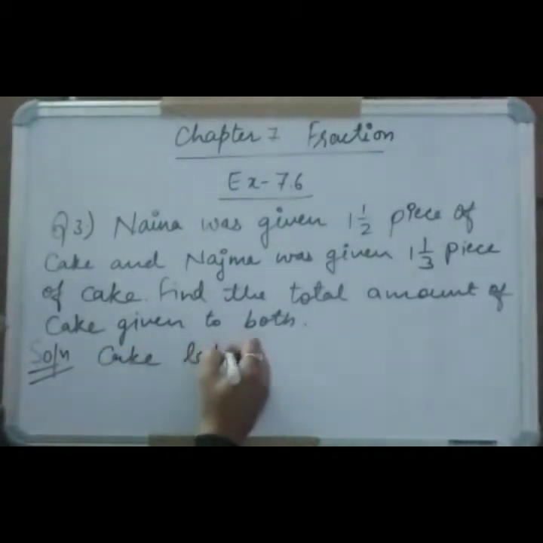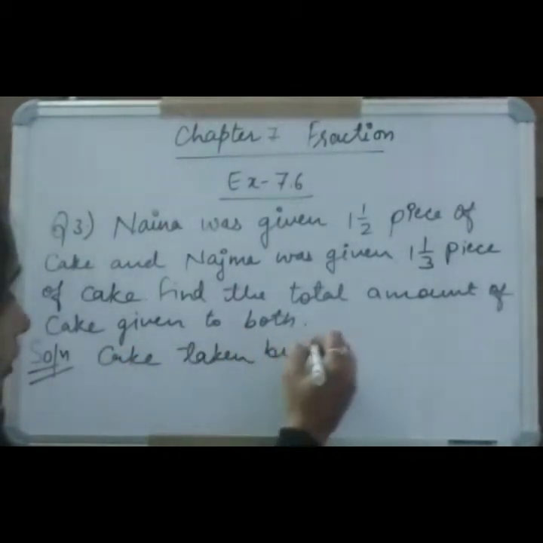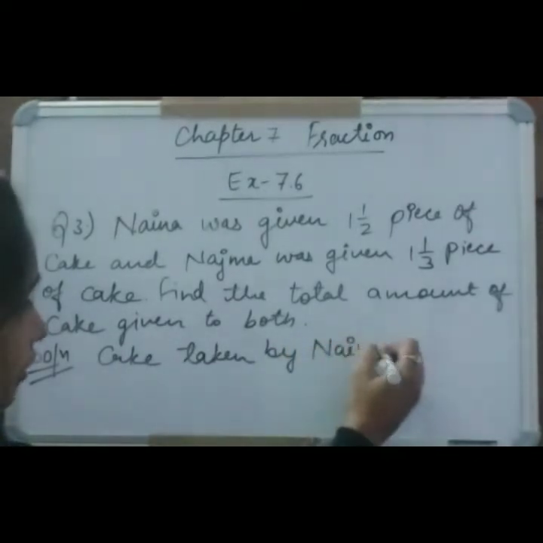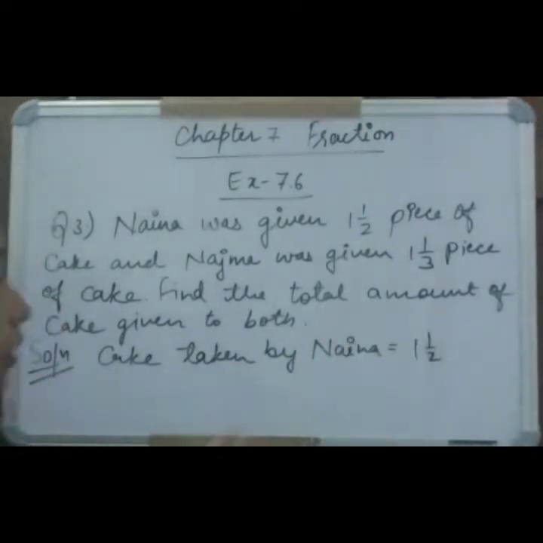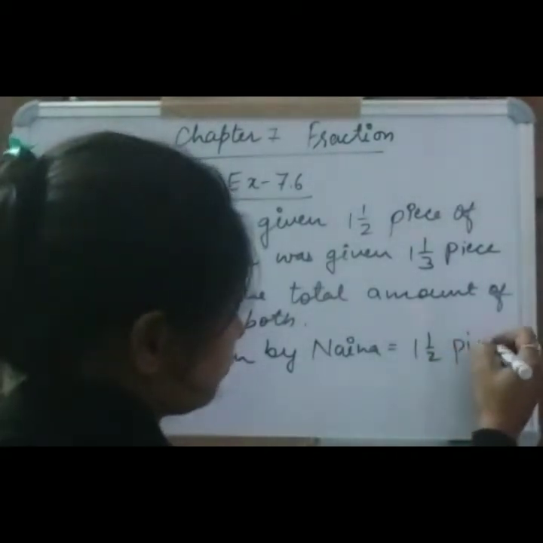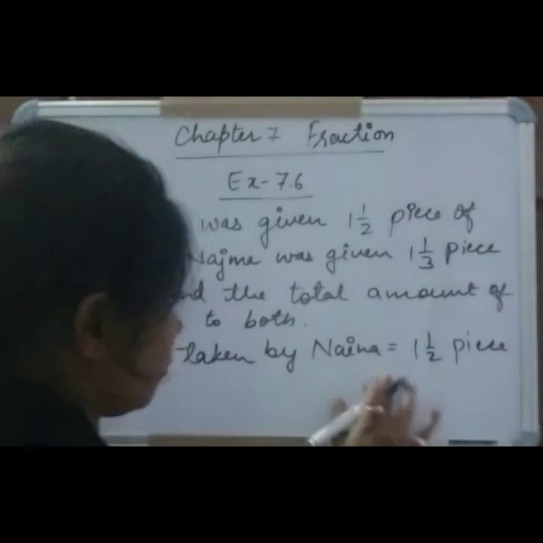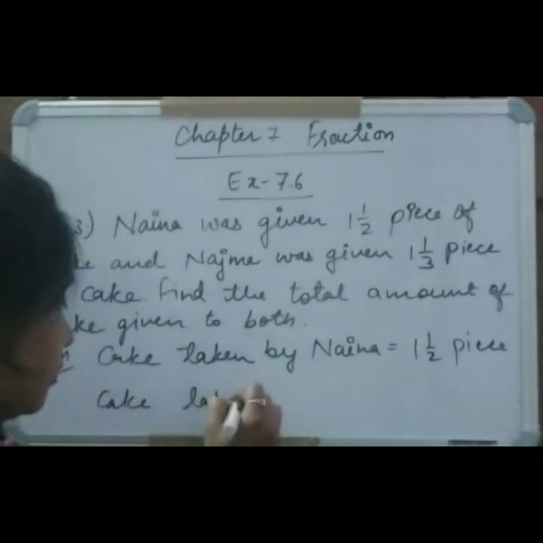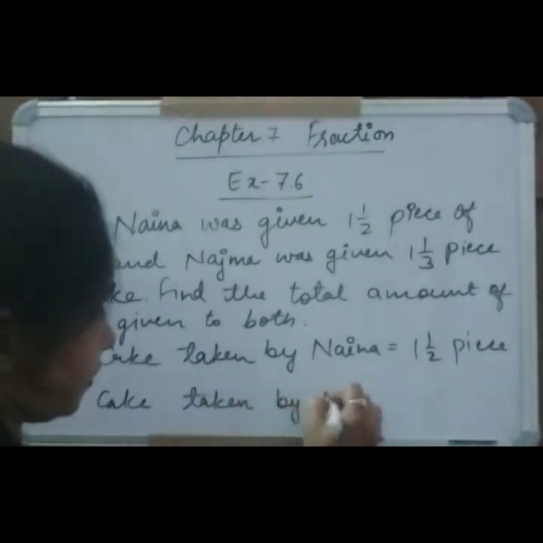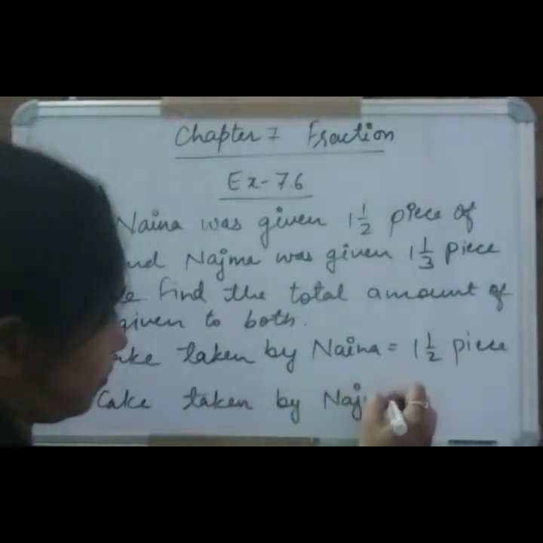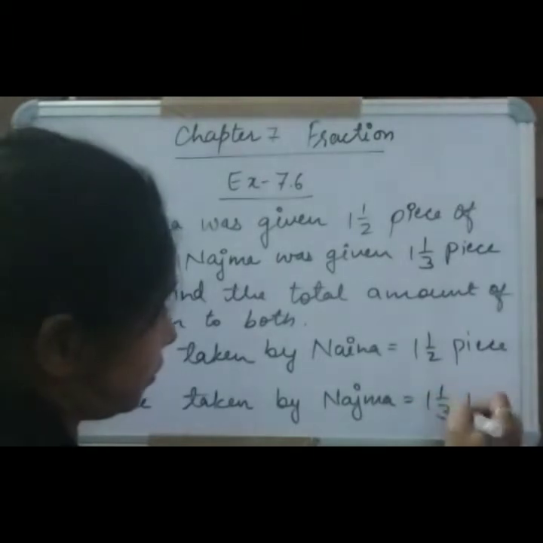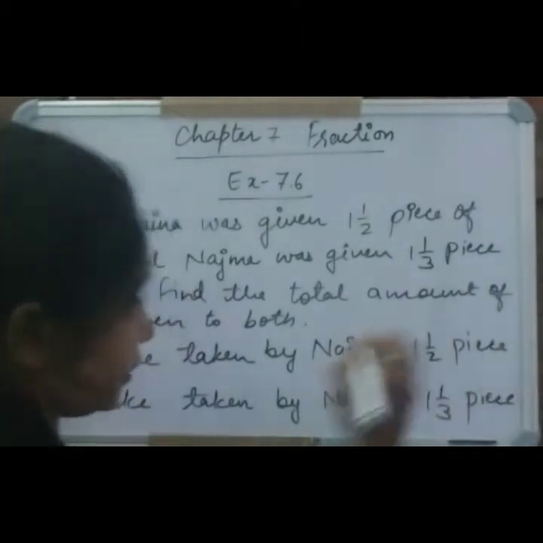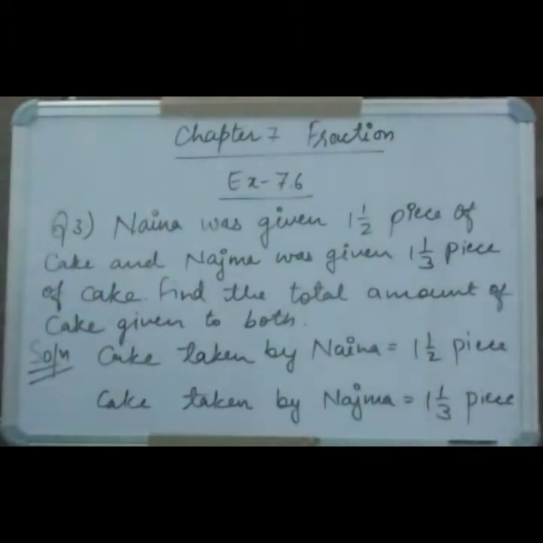Cake taken by Naina, or you can write portion given to Naina also. 1 1/2 pieces. Next, cake taken by Nazma. That is 1 whole 1/3 piece. Getting it?